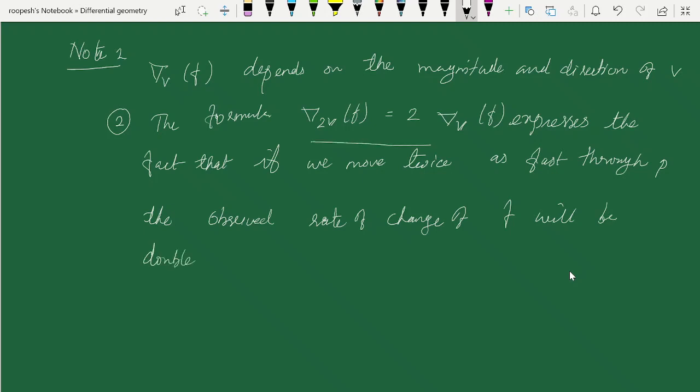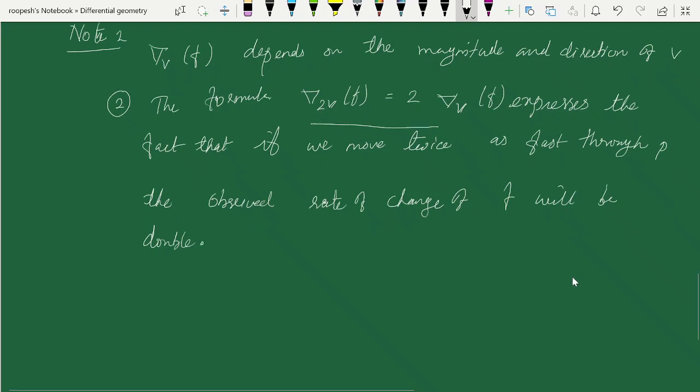This is the meaning of it. Whenever your velocity is twice as much, the rate of change of f is doubled. Next definition.